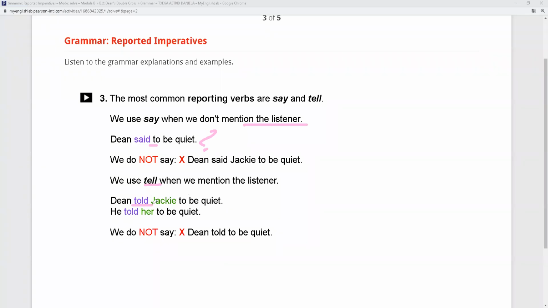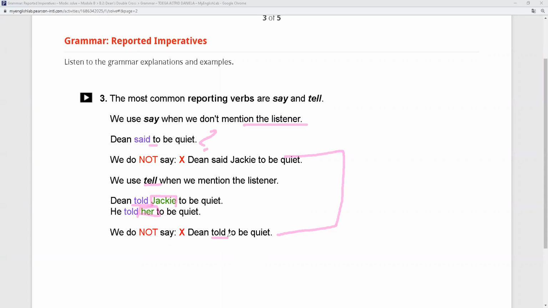So in this statement, who is the listener? Jackie. In this other one, he told whom? He told her. Okay, so I have a listener. In the same way, it would be incorrect if I use told and I don't mention the listener. Dean told to be quiet. Okay, told whom?